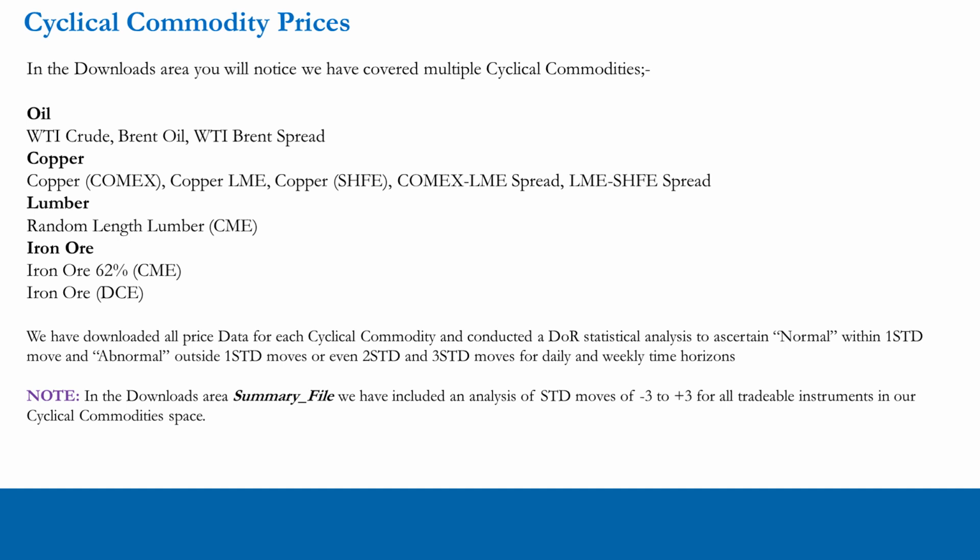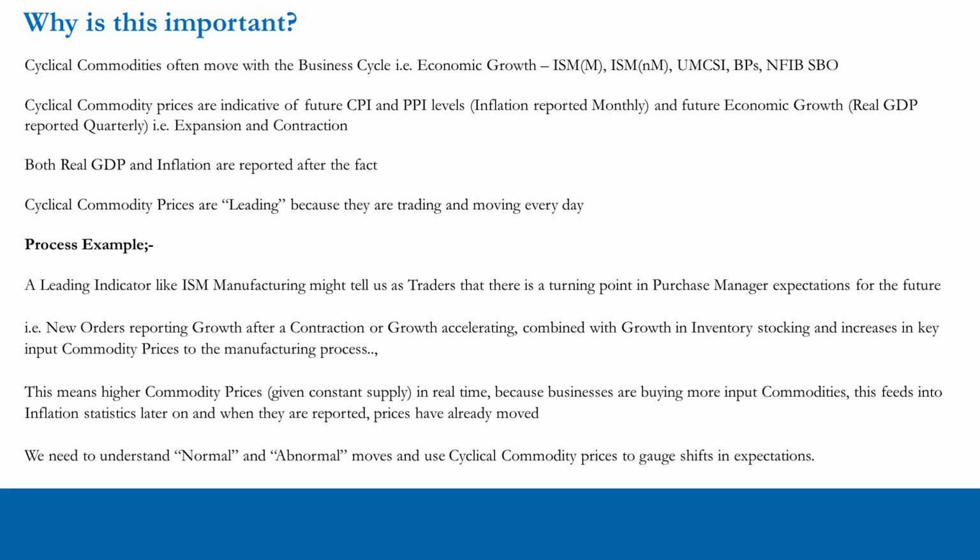Now, why do we do this? Why do we go through this exercise? Why is it actually important? Well, cyclical commodities often move with the business cycle, so with economic growth. The clue's in the name: cyclicality.